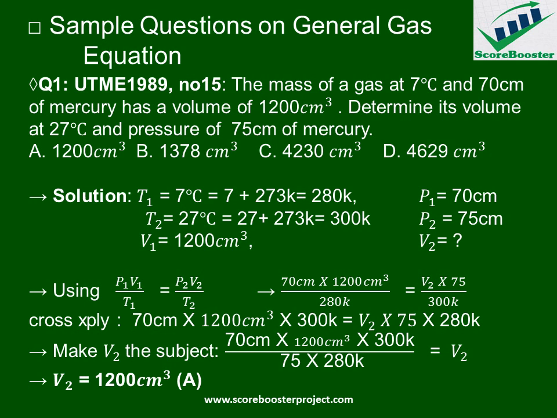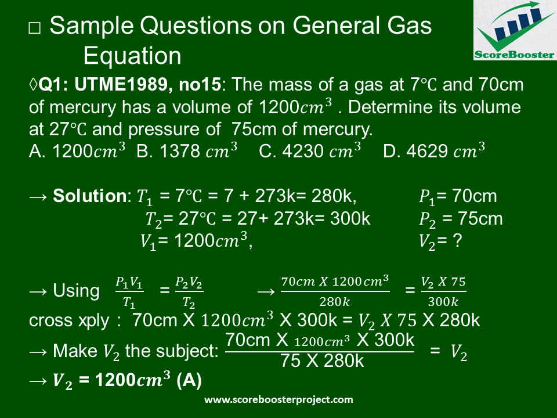Now, after knowing the given parameters, the next step is to proceed to the formula, the mathematical expression for the general gas law or general gas equation, which is P1 V1 over T1 equals P2 V2 over T2.